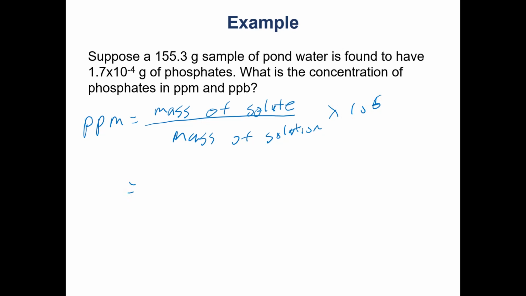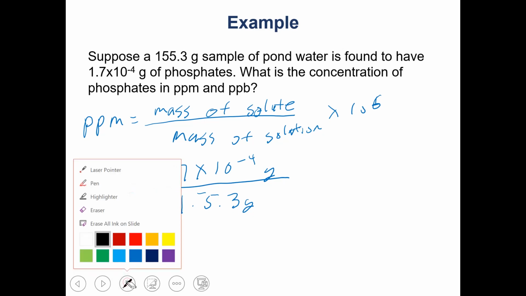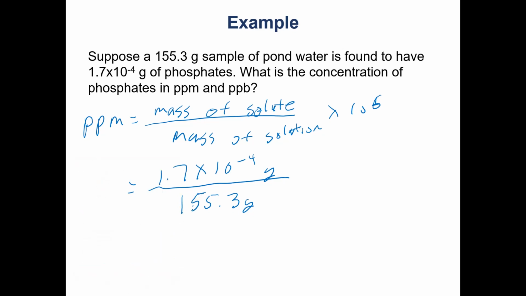So our mass of solute is 1.7 times 10 to the negative 4th grams. And the mass of our solution is 155.3 grams. So if we take 1.7 times 10 to the negative 4th divided by 155.3, and we multiply that by 10 to the 6th, we get 1.1 parts per million.